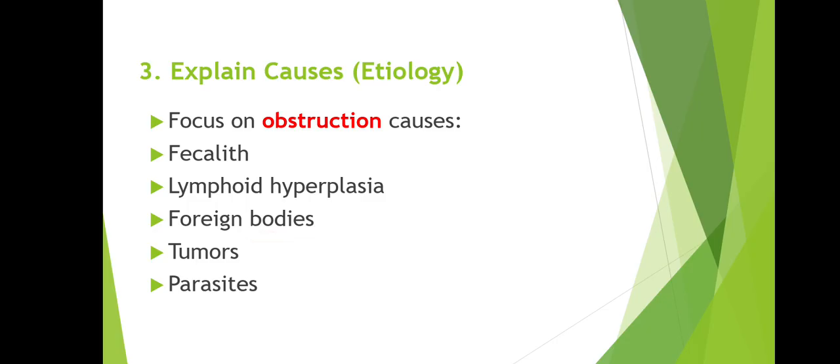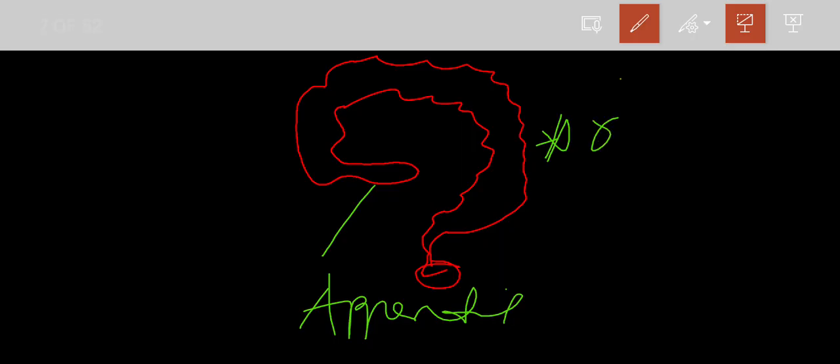So now, let me explain this in detail. So what do I mean when I say the appendix? We know that the appendix is this one. Okay, appendix. And I said the major cause of appendicitis is the obstruction. Okay, take note of that. Obstruction. What causes this obstruction?